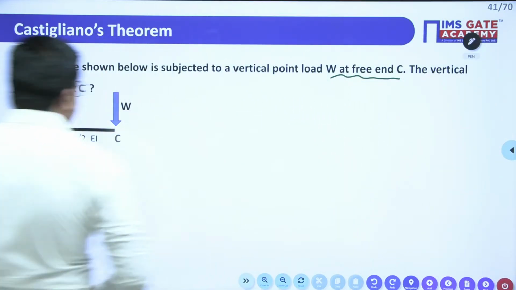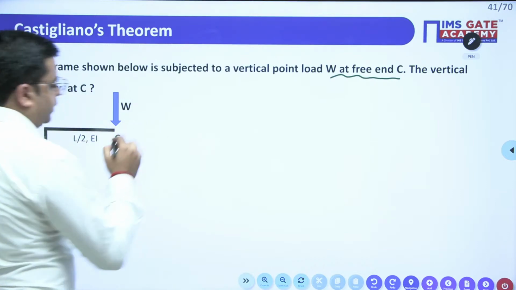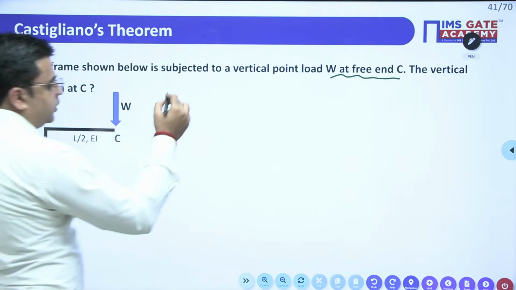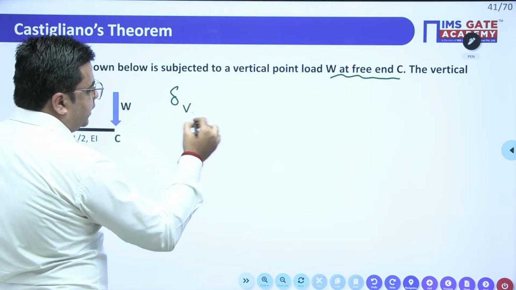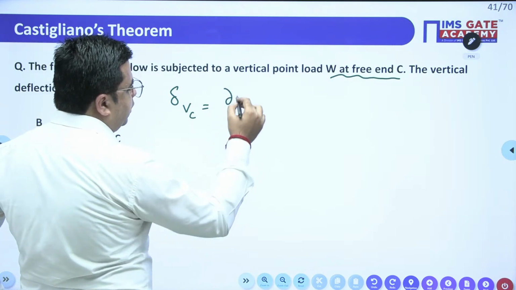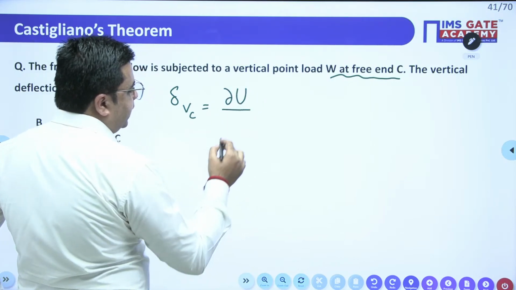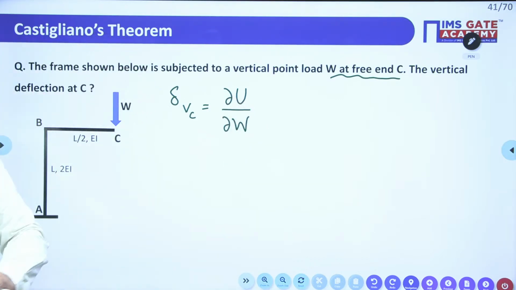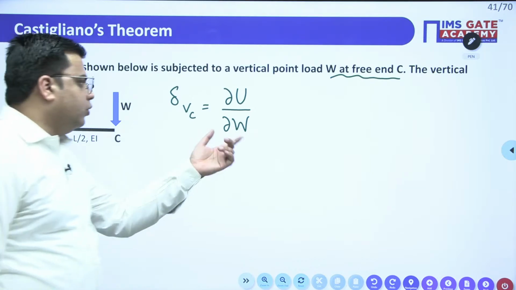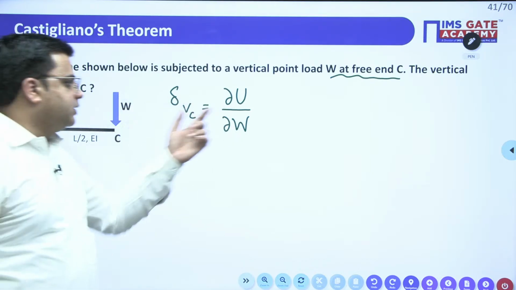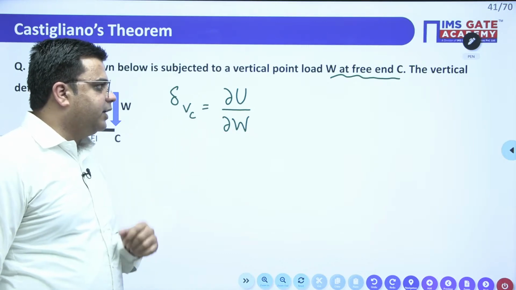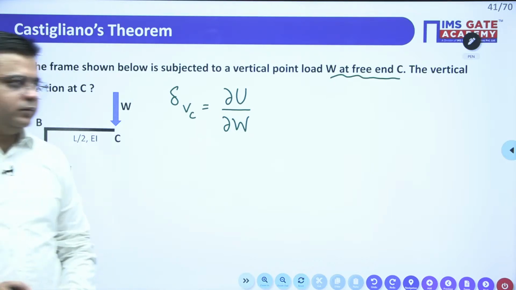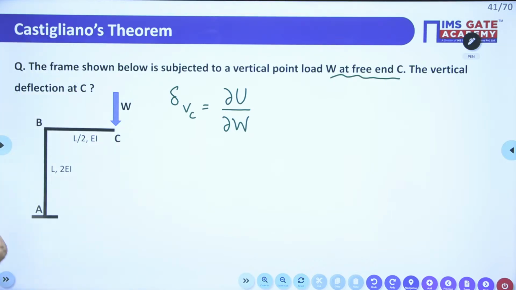For calculating the vertical deflection at point C, since this load is acting in the direction of deflection, this vertical deflection at point C is equal to the partial derivative of the total strain energy of the system with respect to its load W. Calculate the total strain energy of the system and take the partial derivative with respect to the load W. So here is the question.